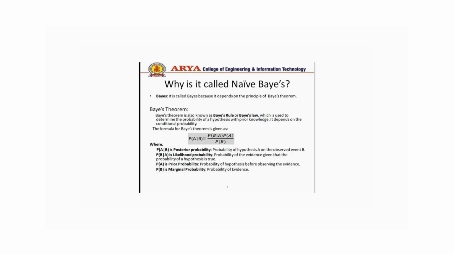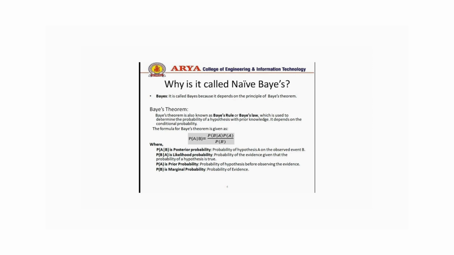It is called Bayes because it depends on the principle of Bayes theorem, and Bayes theorem suggests the probability of a hypothesis with prior knowledge, that is, it depends on the conditional probability. Here we consider posterior probability, likelihood probability, prior probability, and marginal probability.